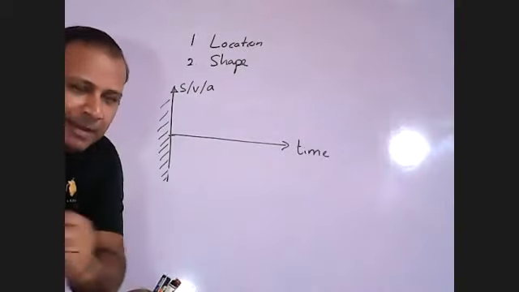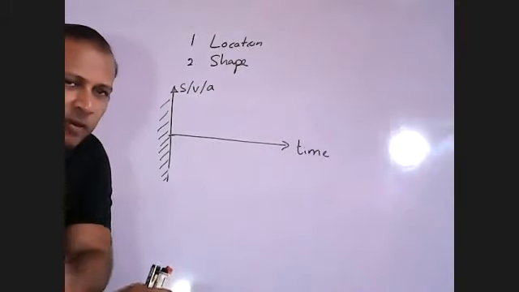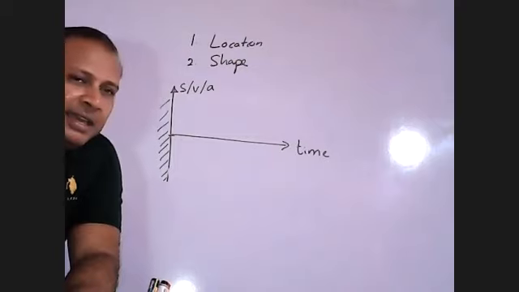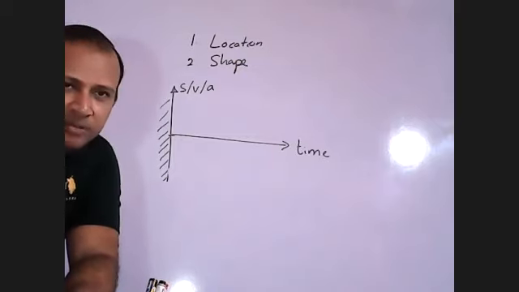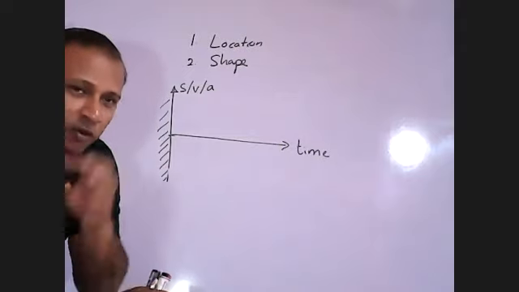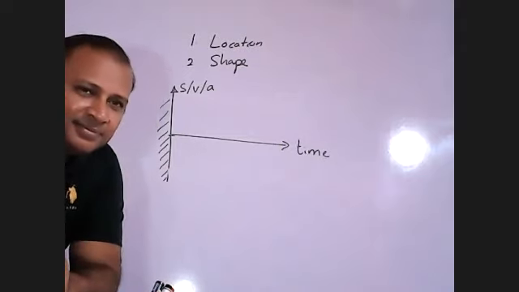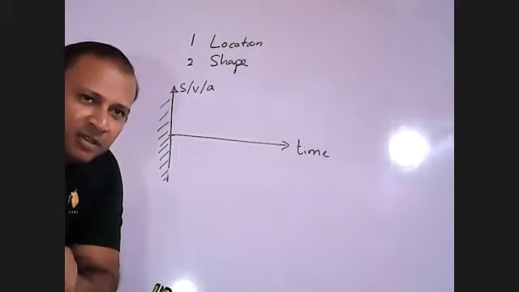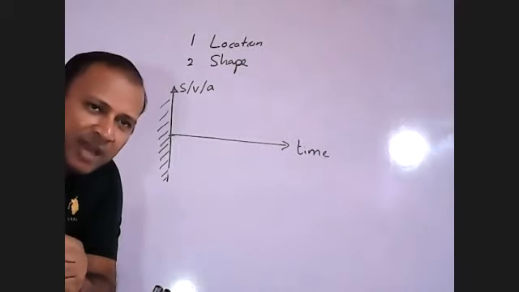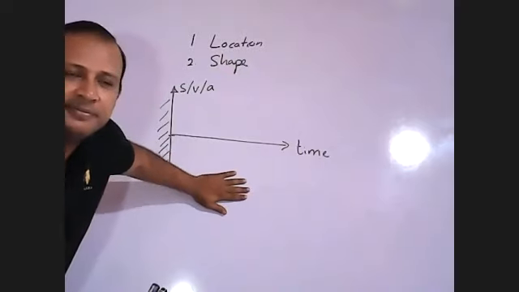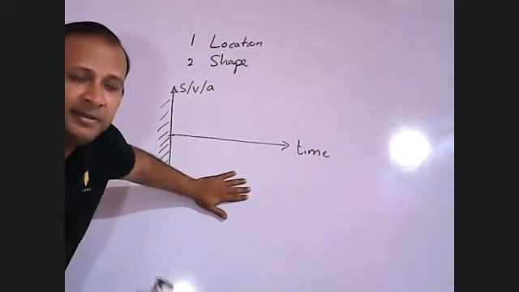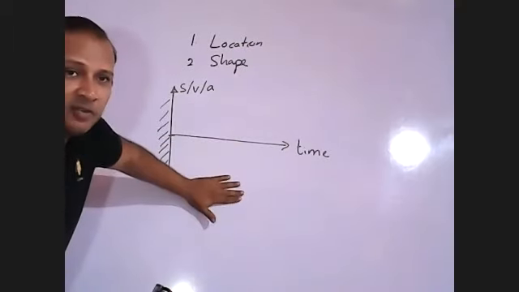Tell me, everyone, I need your responses. How do you distinguish those two locations? How do you decide whether you are going to draw this graph in the first one or the fourth one? What is the difference between the first one and the fourth one?